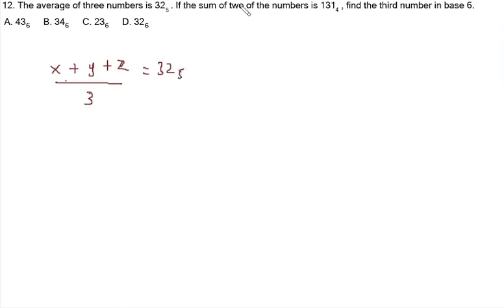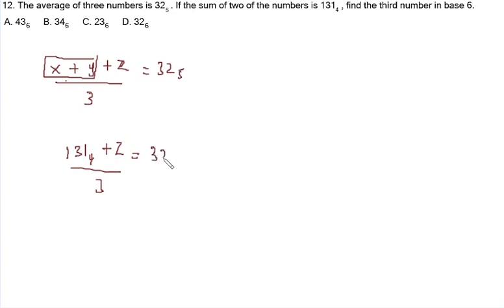If the sum of the first 2 numbers is 131 base 4. So let's say these 2 numbers, their sum is 131 base 4. So our numbers will become 131 base 4 plus the number that we do not know divided by 3 is equal to, they said we should find the third number, which is z here.